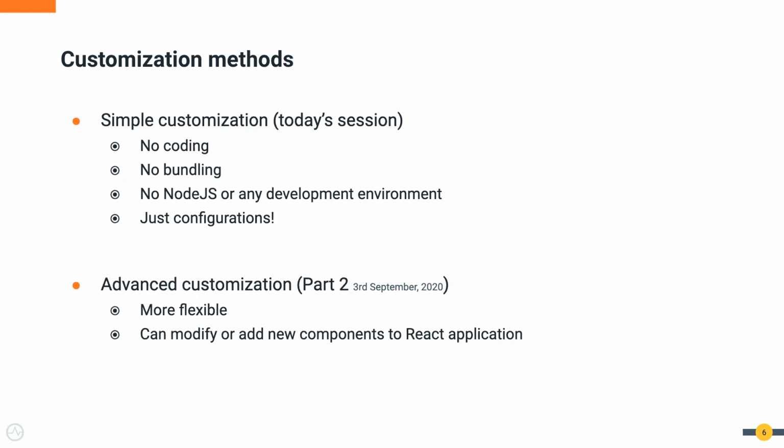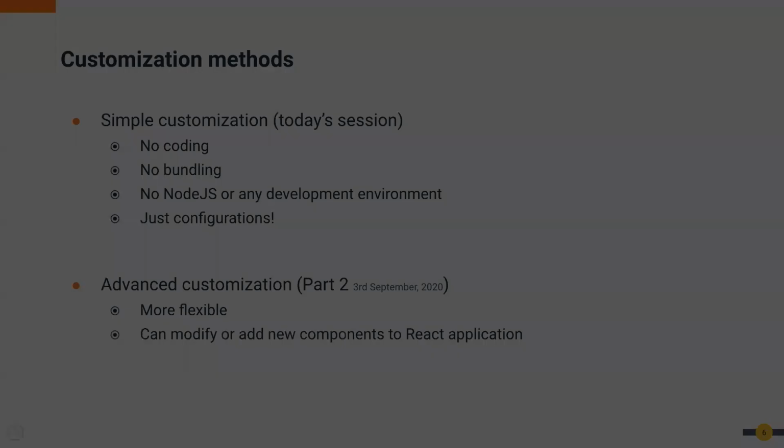The second is the advanced customization, which is more flexible, and you can literally do anything to API Manager portals through it. You can add or modify any existing React components, and you can change any logic in the application, and so forth.